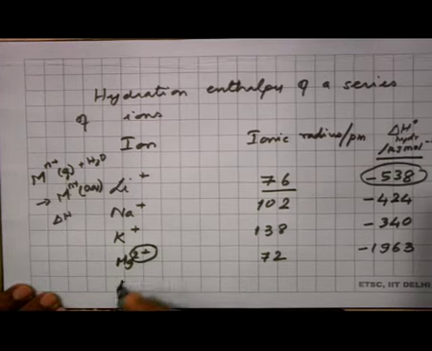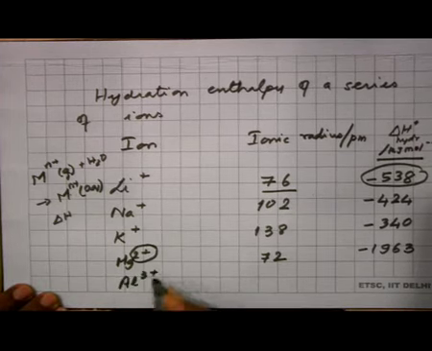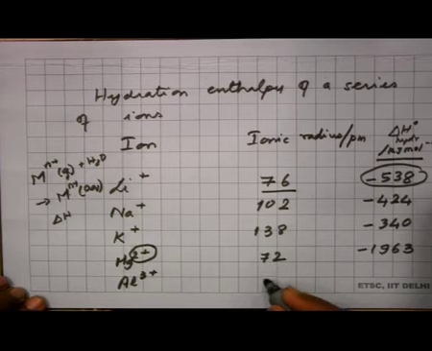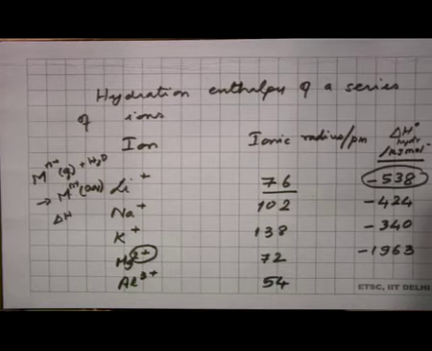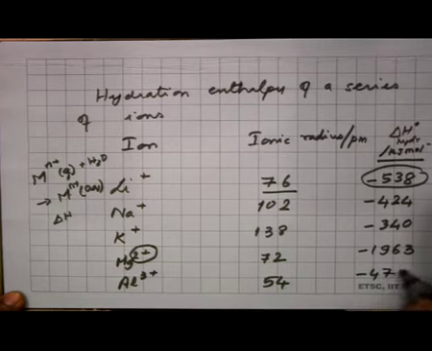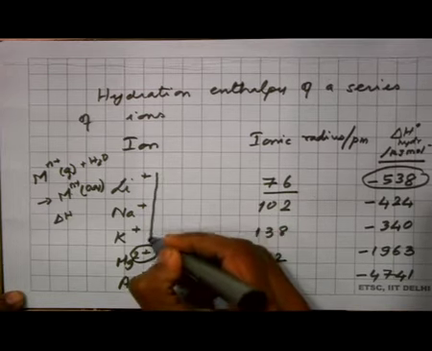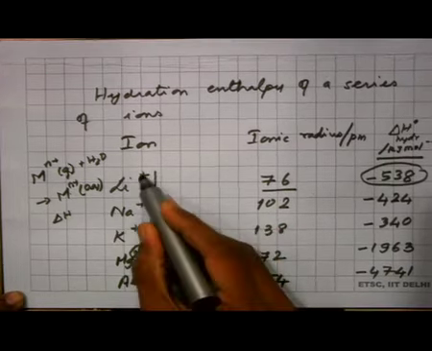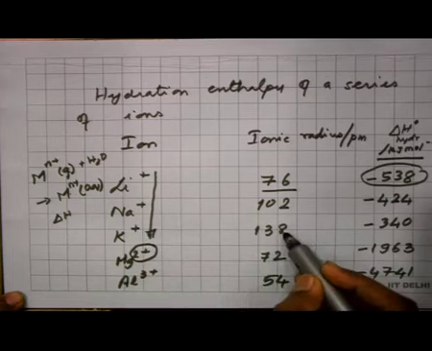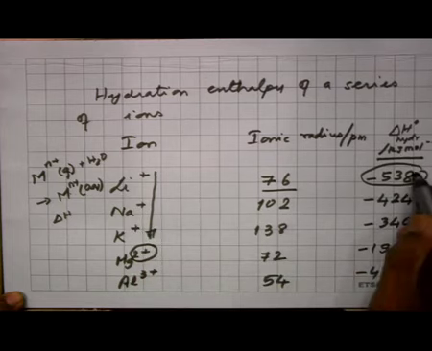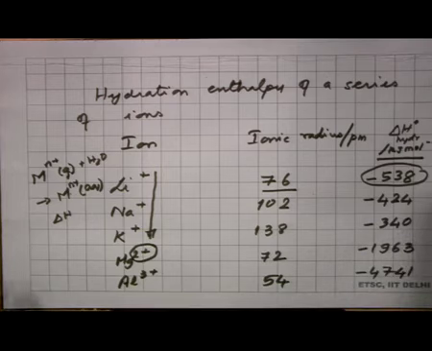And if you went to Al3 plus, it has an ionic radius much smaller and a hydration enthalpy which is much bigger. So, this illustrates the trend that you see as you go down the period. For the same charge, as the ionic radius increases, the hydration enthalpy decreases. Understandable.